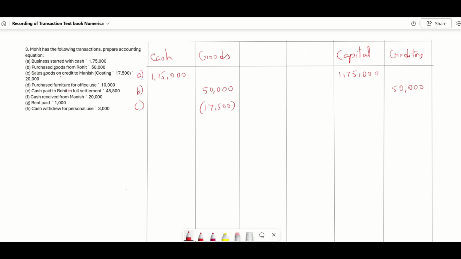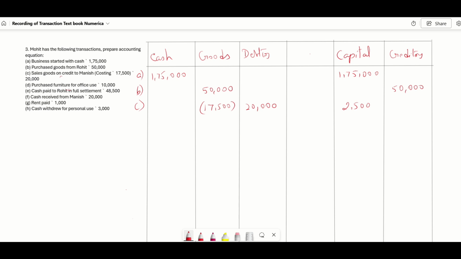and it's been sold to Manish for 20,000. So it is a credit sale. So we'll add debtors. Okay, and that is being sold for 20,000. So what is the profit that is being made on the sales? The difference is 2,500. That we will add to the capital.